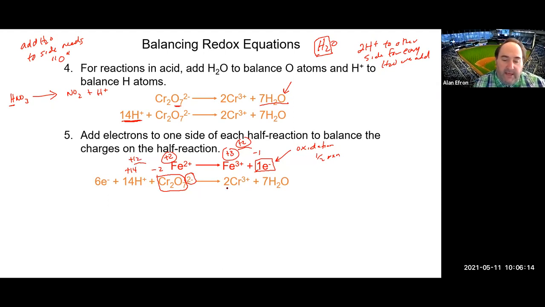On the right-hand side, that is plus 6, and that is 0, which means right-hand side plus 6 overall, left-hand side plus 12. That is why we added 6 electrons to the left-hand side. -6 and plus 12 gives you a plus 6 overall. We are balanced in terms of the charge on each side as well.